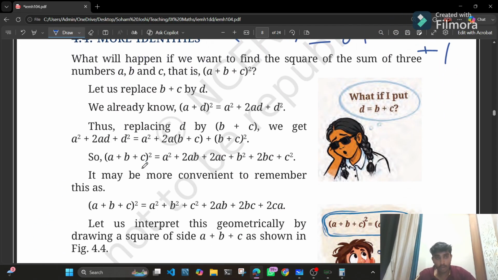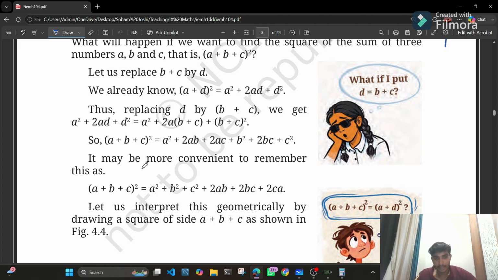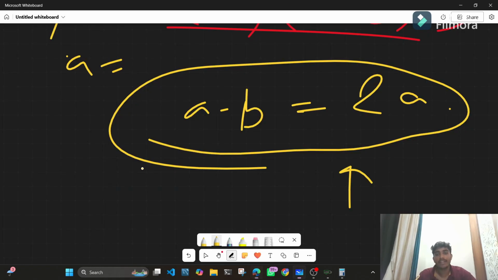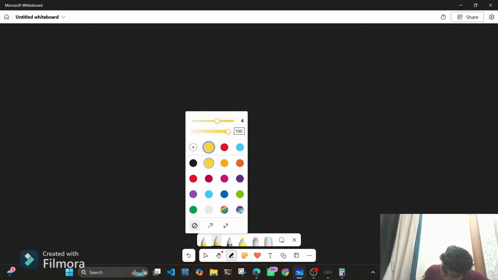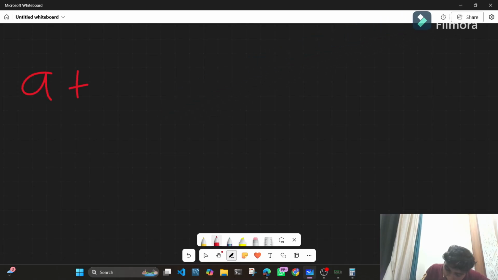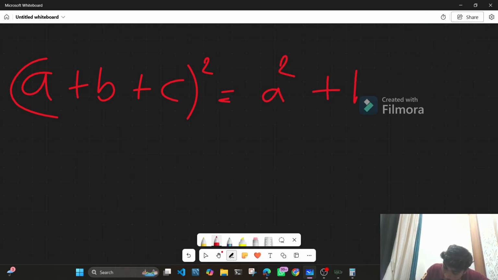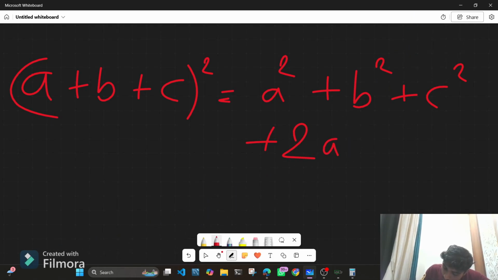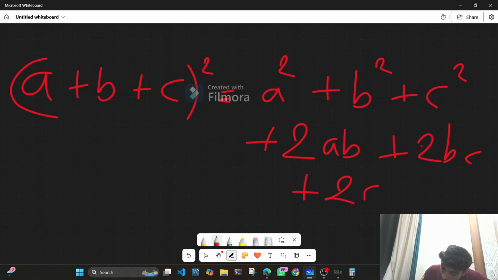Next up, we have more identities to write. Now we have seen that we have only two terms in our calculations. What if we have three? So yeah, if we have three terms, we can write a plus b plus c whole square is equal to a square plus b square plus c square plus 2ab plus 2bc plus 2ca.